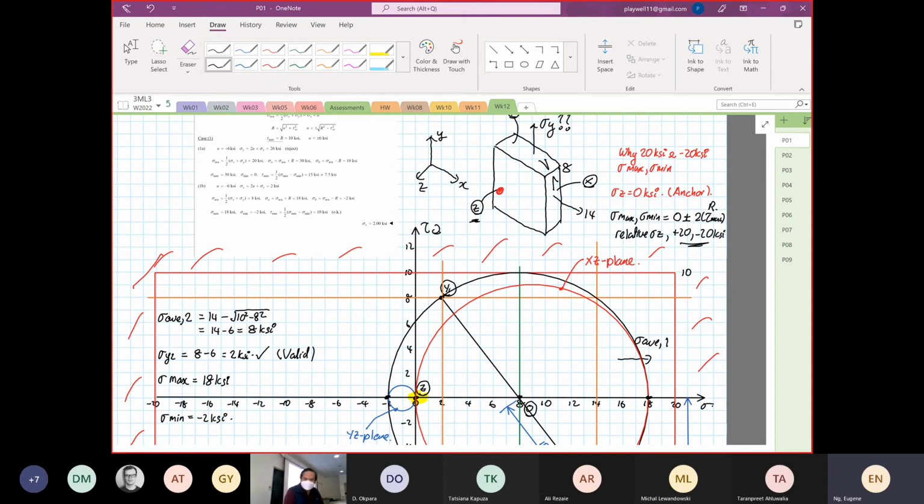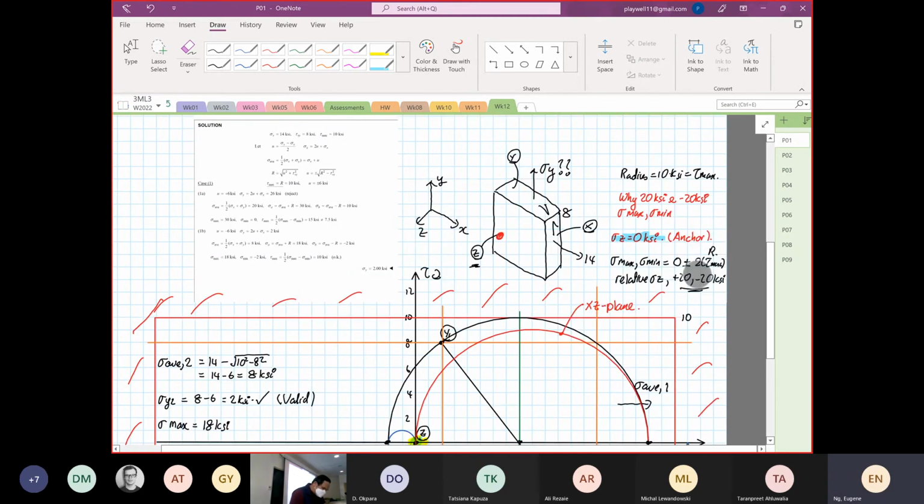Okay, this is because stress Z is always equal to 0. We know that the radius of the circle is equal to 10 KSI, because this is our tau max, right?